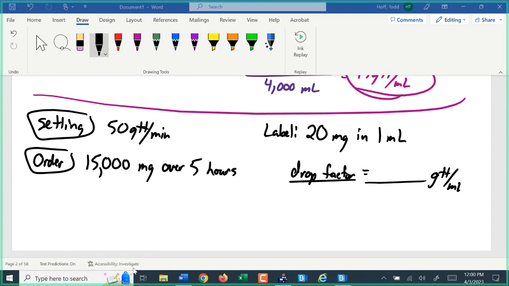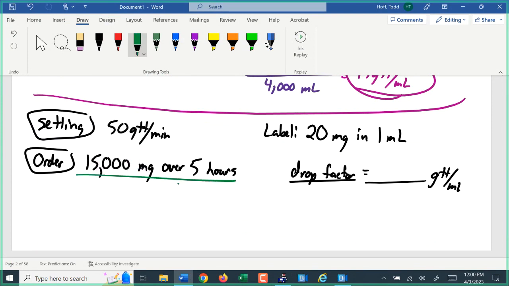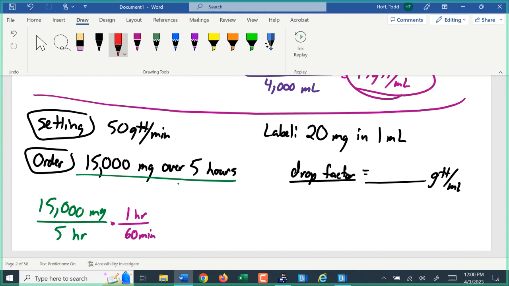Let's take a look, see how you did here. So again, I would start out with 15,000 milligrams over 5 hours. Now, once again, there's nothing else here labeled in hours, so I'm going to get rid of the hours first. 1 hour is 60 minutes, so the hours have canceled out.